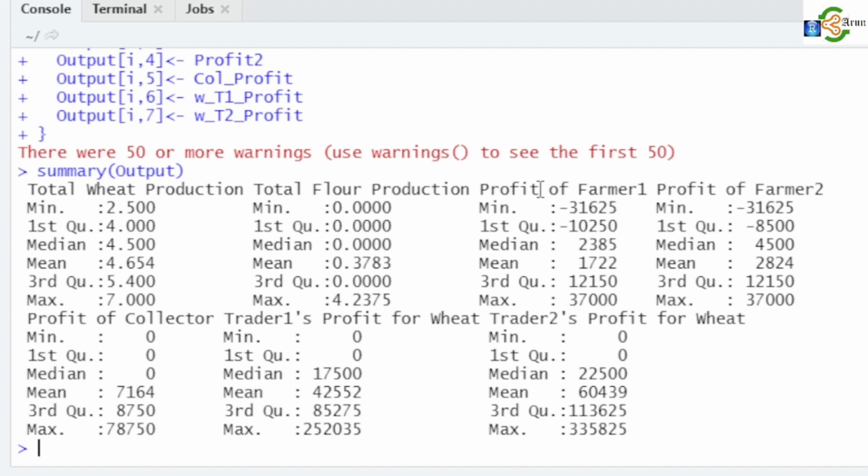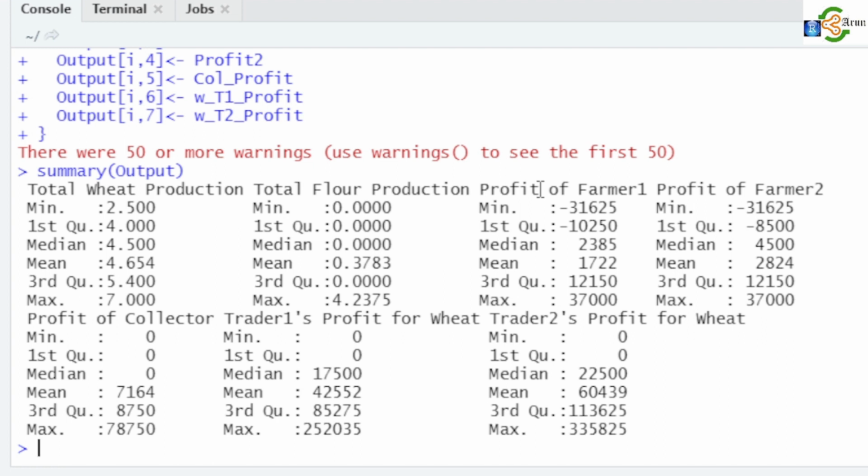That's true for the one instance, but what about the long run? What's the probability of occurring some risks or some obstacles, some sort of losses? So at worst, you will incur 31,625 rupees losses. Loss is loss, and at maximum, you will earn 37,000 profit.